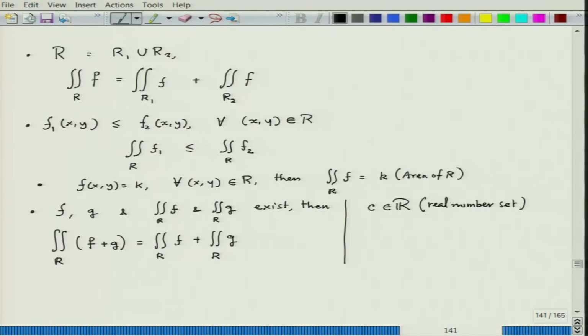Then integral over R of c times f, if you multiply every value of f with c and then integrate, is the same as multiplying the integral of f with c. And the last one, that the absolute value of the integral must be less than or equal to the integral of the absolute value, which is a very, very basic result.